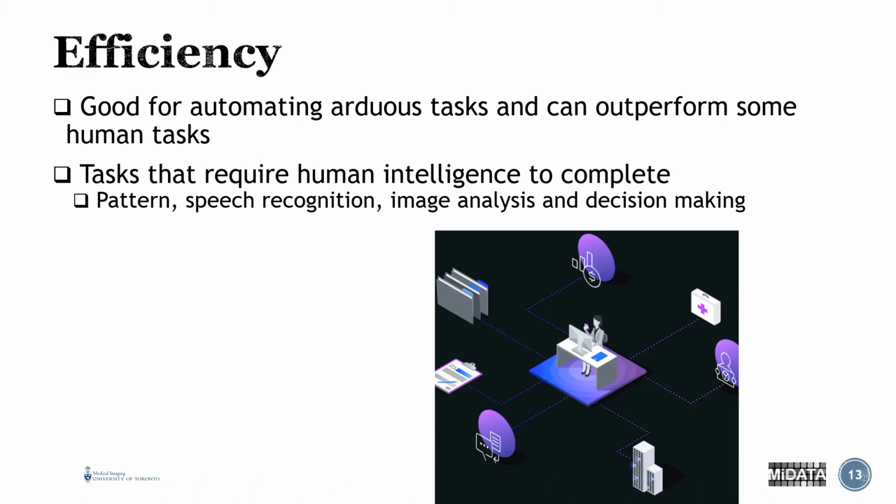When you think of applying artificial intelligence, you're thinking pattern recognition, speech recognition, which is another form of pattern recognition, image analysis, and decision making, which we just discussed. But all of this leads to an important hallmark characteristic, efficiency, which is currently being leveraged a lot in the development of AI solutions.